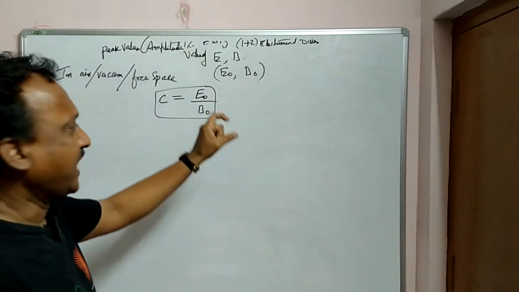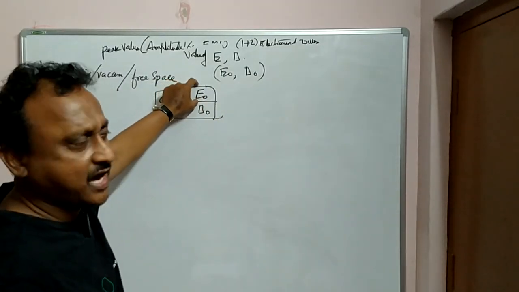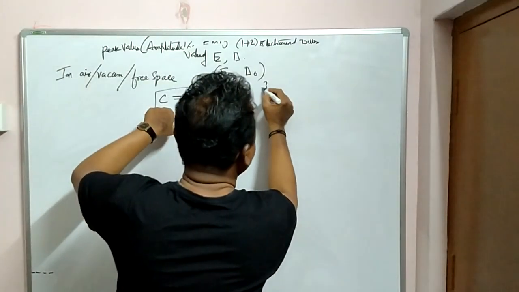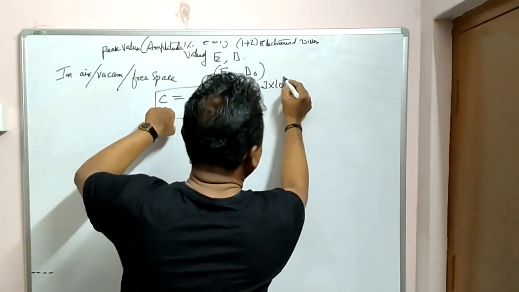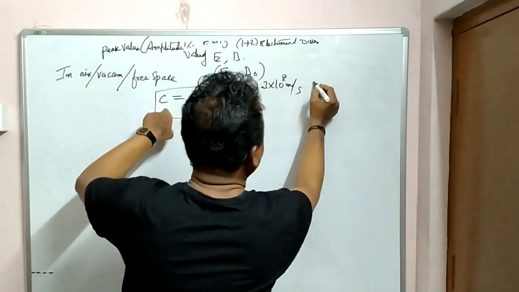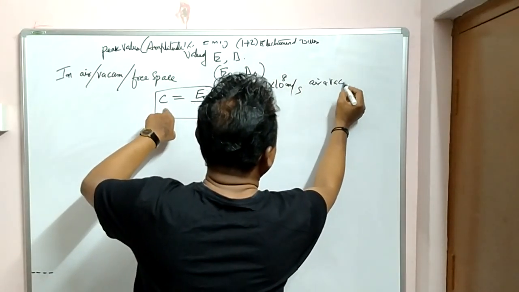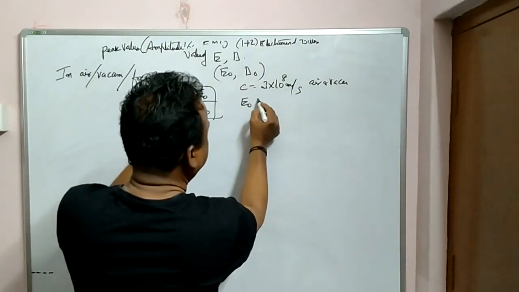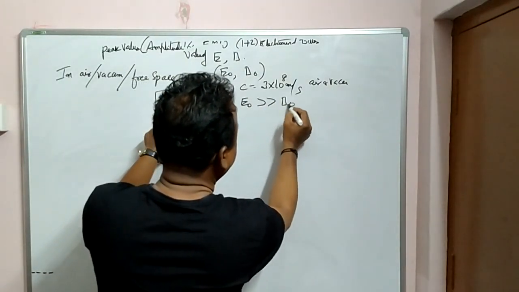That means the ratio of the amplitude of the electric vector to the magnetic field vector. You can observe carefully here. We know the velocity of light, C, in air or vacuum is 3 into 10 power 8 meter per second. What does it mean? That means E0 is very much greater than B0.